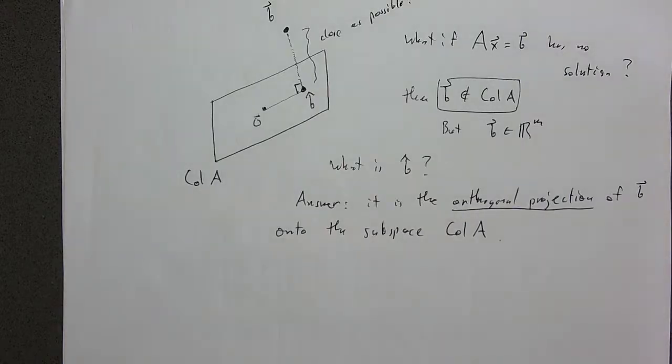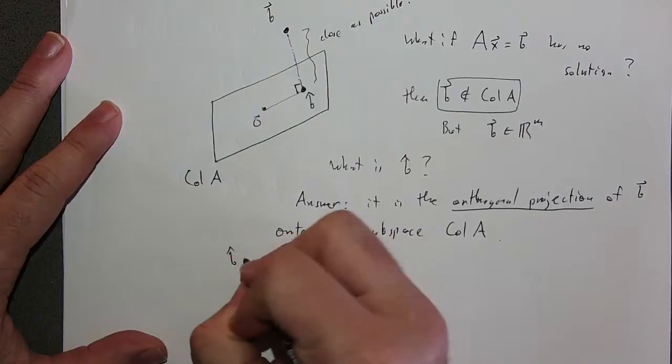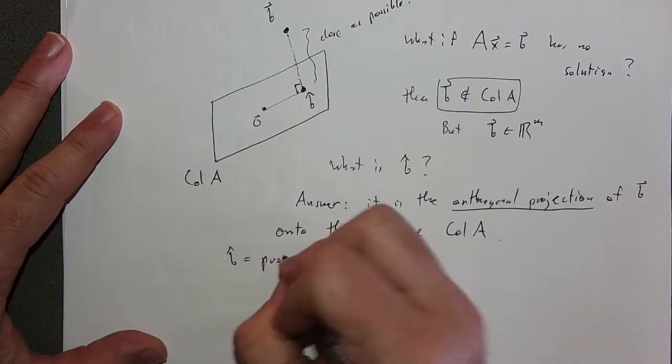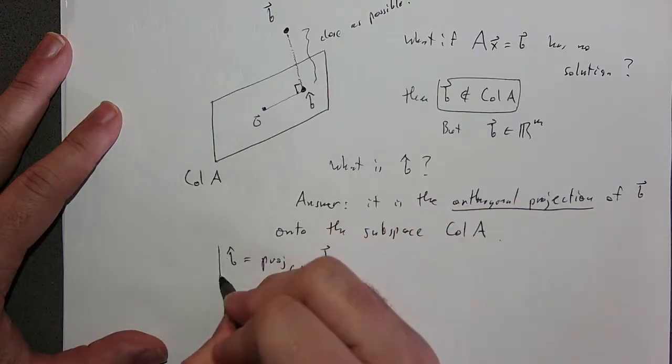This is done onto a linear subspace, not onto a generic subspace. But it's an expression involving dot products. It's also the essential tool in the Gram-Schmidt process for constructing an orthogonal basis that we talked about yesterday. So writing this out in symbols, this B hat is the projection onto the column space of A of this vector B.